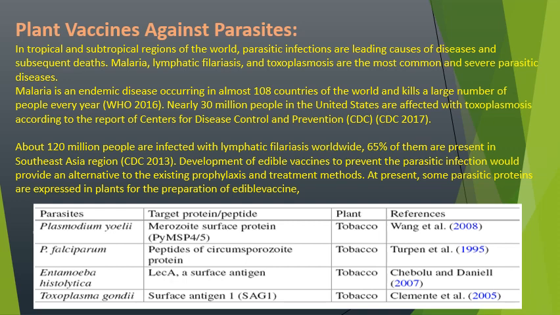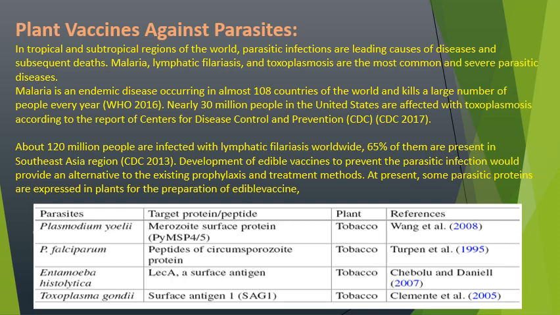According to a report published in 2017, about 120 million people are infected by lymphatic filariasis worldwide, and 65% of them are present in the Southeast Asia group. Development of edible vaccines to prevent parasitic infections would provide an alternative to the existing prophylaxis and treatment methods.